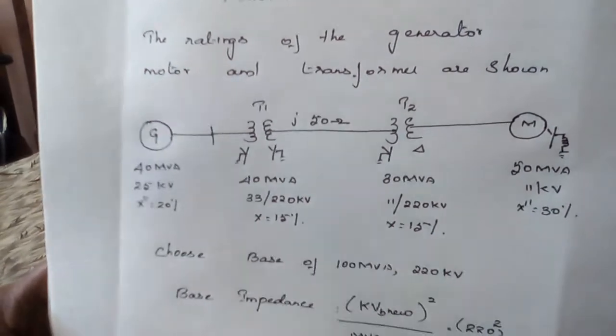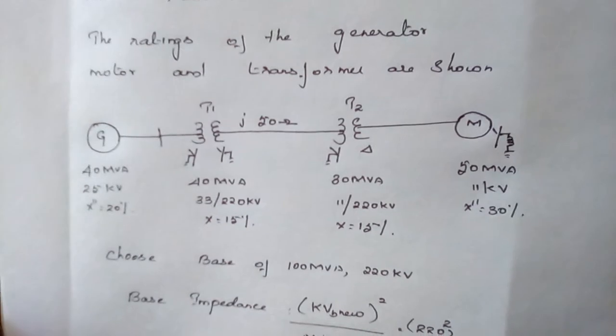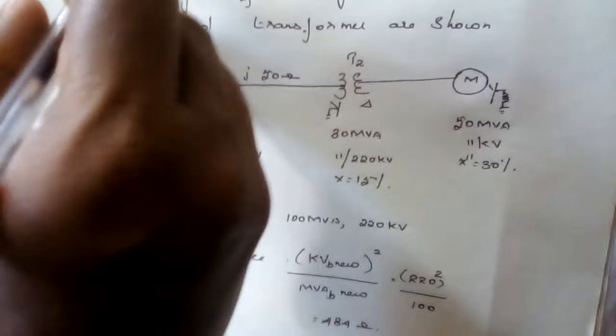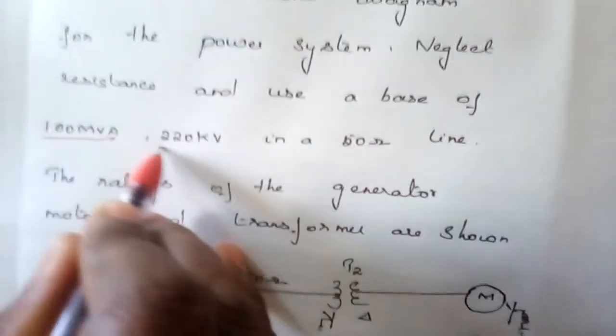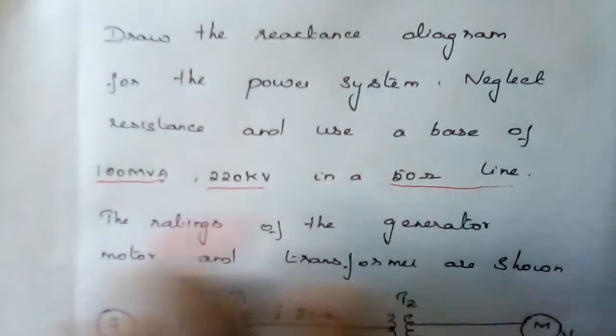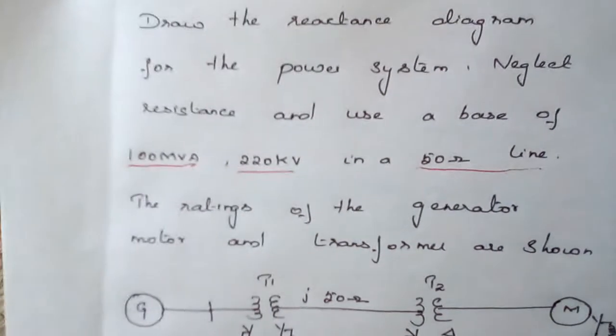So this is the single line diagram, and we are provided with a base of 100 MVA, 220 kilovolt, and this is used for the 50 ohm line.